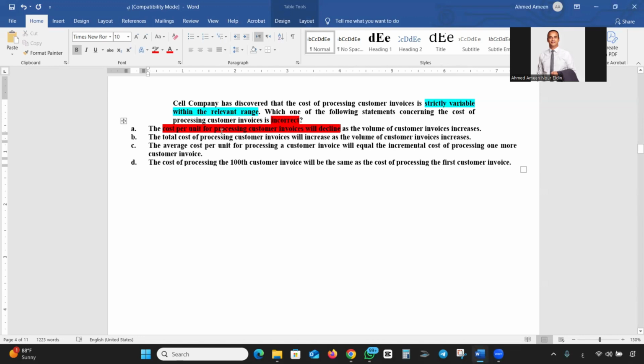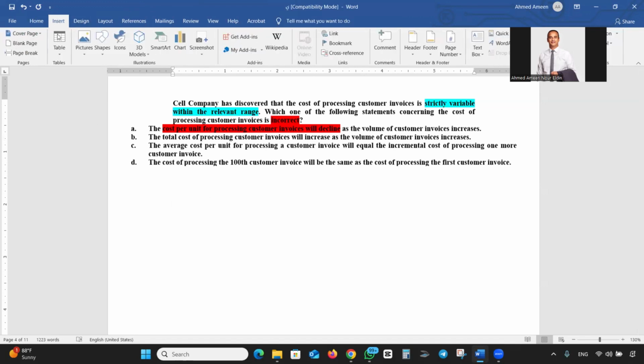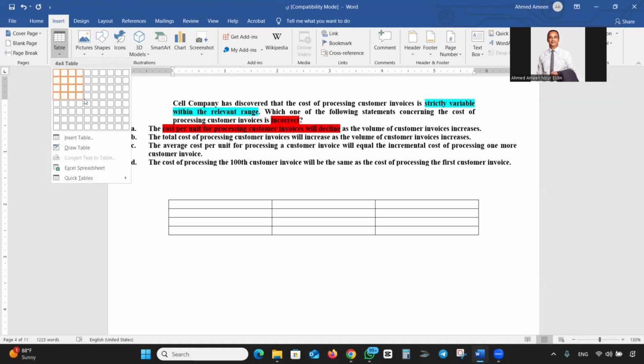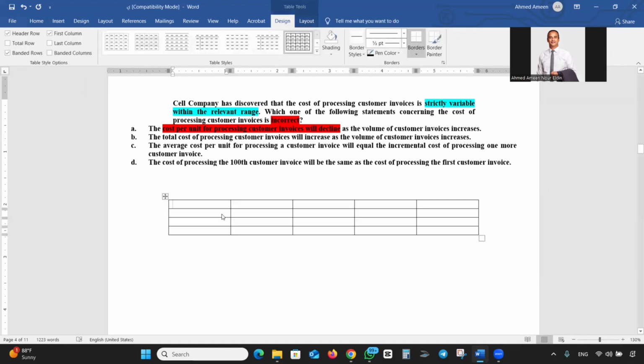Because the cost per unit will never decline. How? Within the relevant range, if we are producing 100 units and the cost per unit is $1, the total cost will be 100.